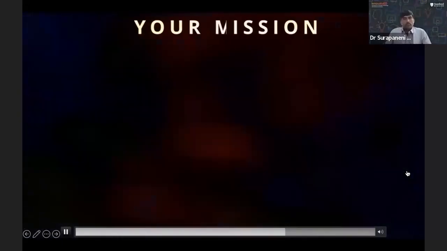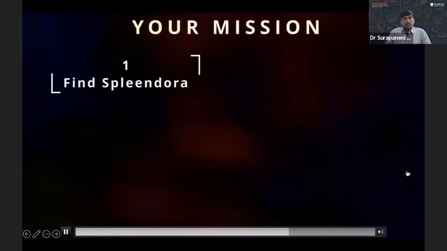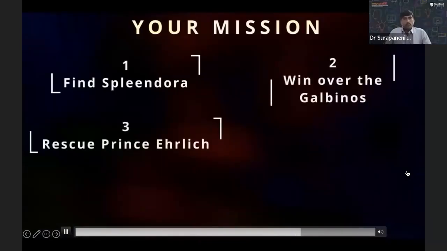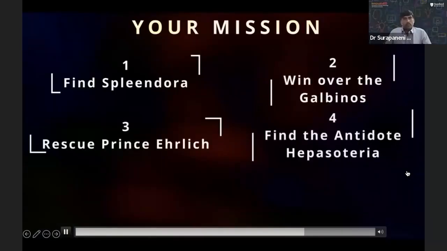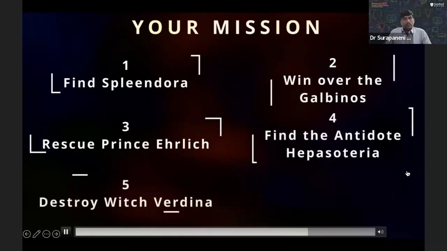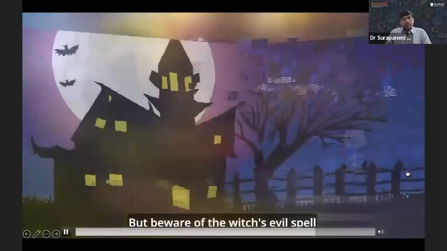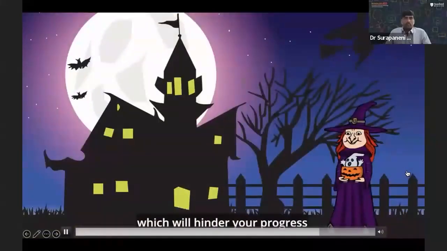Your mission is to find Splendora, who can take you to the island of Asina, win over the Galvanos, rescue Prince Erlich, find the antidote to Hepatopedia, destroy Witch Verdena, and save the king and queen. But beware of the witch's evil spell, which will hinder your progress in this mission.